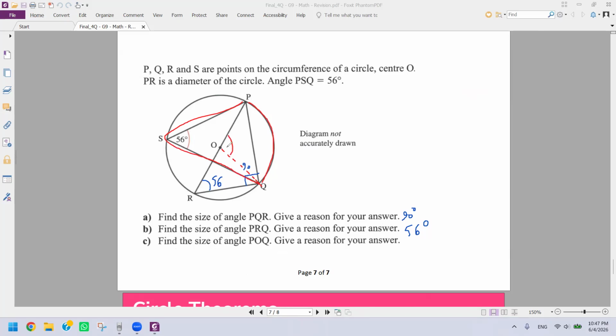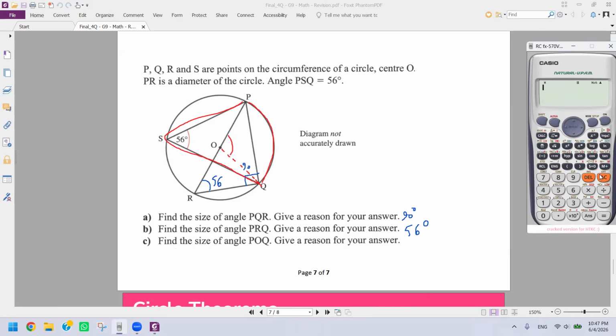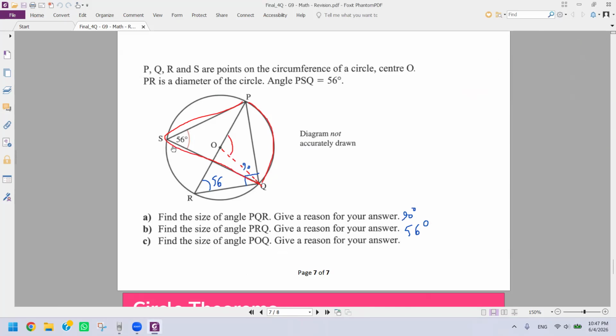But this angle is drawn from the center, which means the angle of the center is twice. So what do I do? 56 times 2, 112. So we say that this is 112 degrees. Why? Because the angle of the center is twice the angle on the circumference.